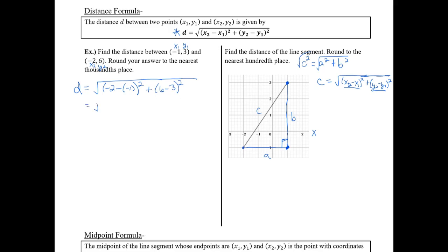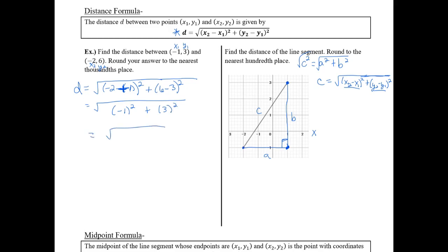We have to simplify those parentheses before we can square anything. So -2 minus a -1. When we subtract a negative, we're really adding, right? So -2 plus 1 would be -1, and 6 minus 3 would be 3.